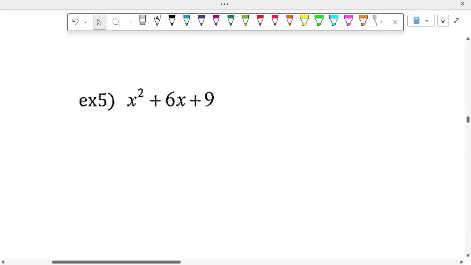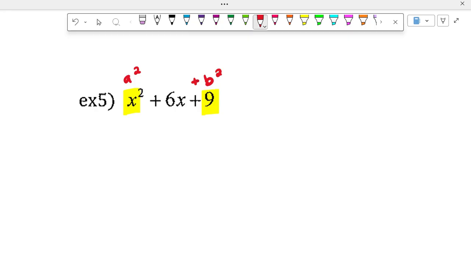The way you can see if it's a perfect square trinomial is first off, you check to see if your first and last terms are perfect squares. Are my first and last terms perfect squares? Yes. So this is a squared, this is b squared. Now, let's say that I took the square root of these.